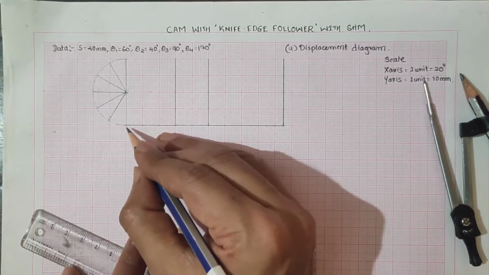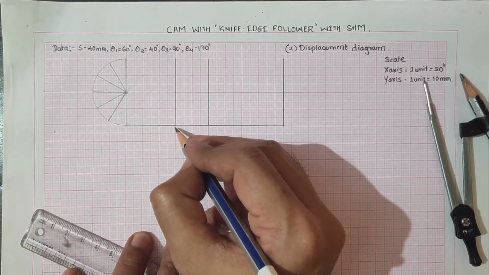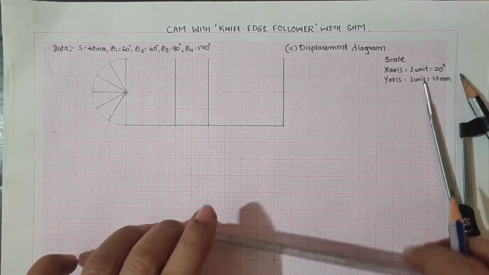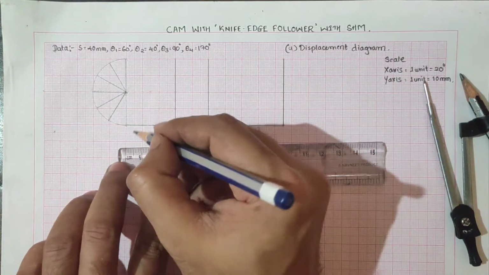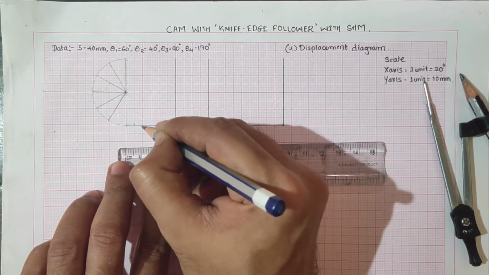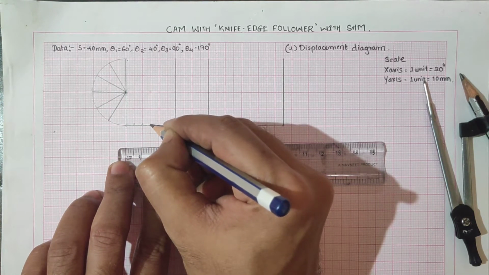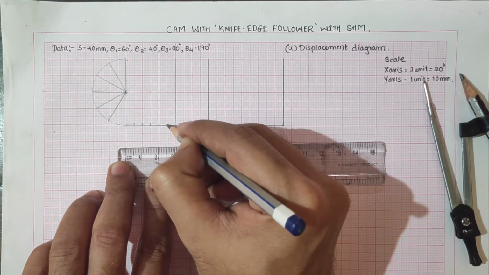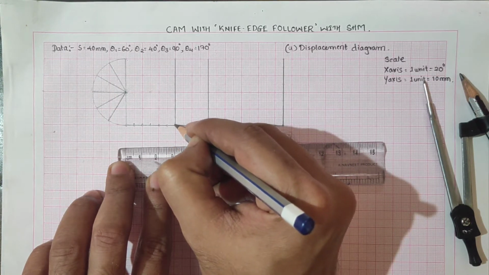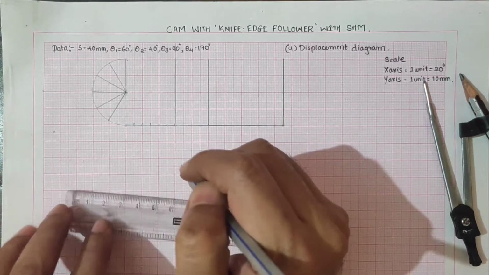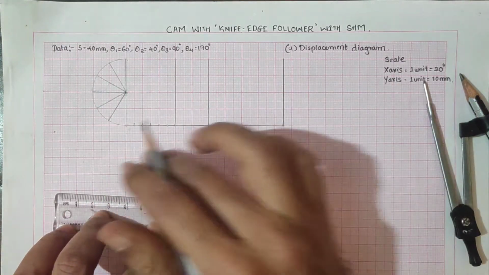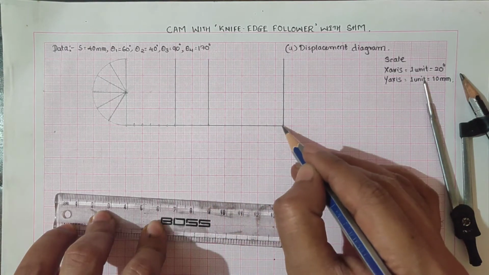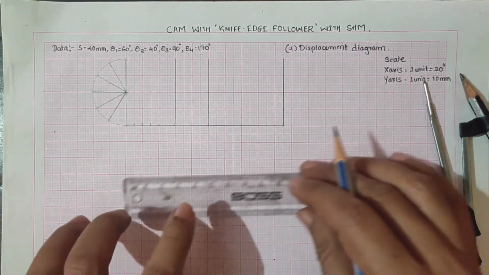Similarly, we have to divide this angle of ascent 60 degree into 6 equal parts. So 1, 2, 3, 4, 5 and 6. So these are the 6 equal parts. On the same grounds, we have to divide this angle of descent into 6 equal parts.